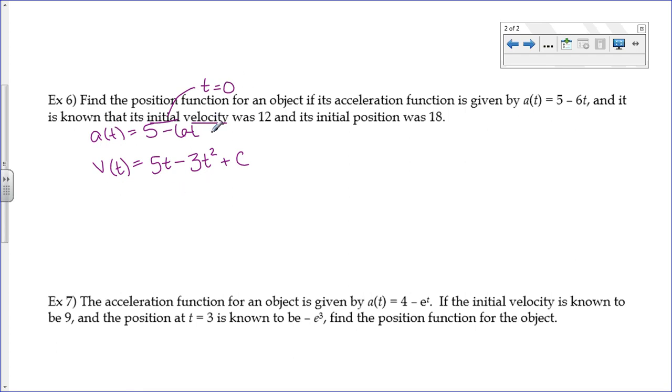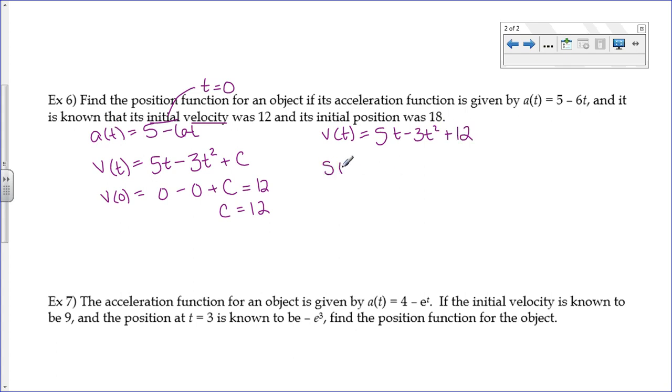So if it ever says initial velocity, that means v of 0 is supposed to be 12. So v of 0 is going to be 5 times 0 minus 3 times 0 plus c equals 12. So c is 12. That makes the velocity function 5t minus 3t squared plus 12.